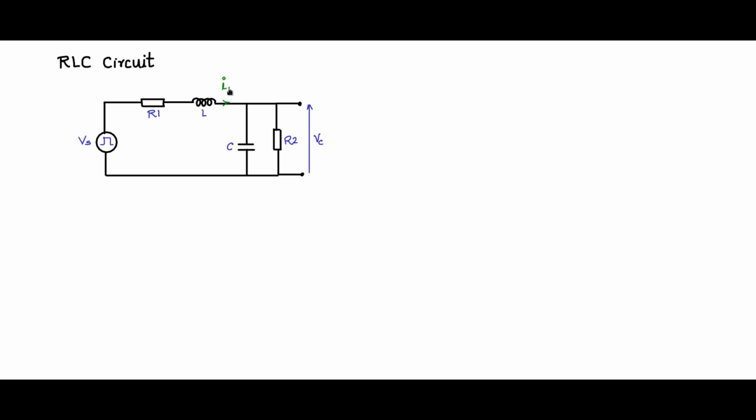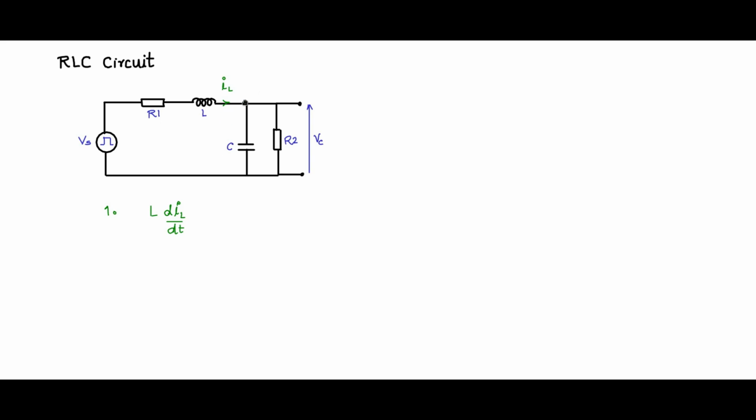So if you consider IL and write the equation of the voltage across the inductor using Kirchhoff's law, you will get L dIL by dt. L di by dt is the voltage across the inductor here, which is, if you take this loop, this voltage minus the voltage drop across R1 minus Vc, which is the voltage across the capacitance.